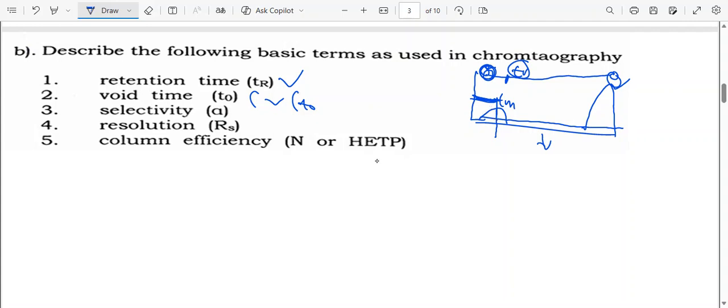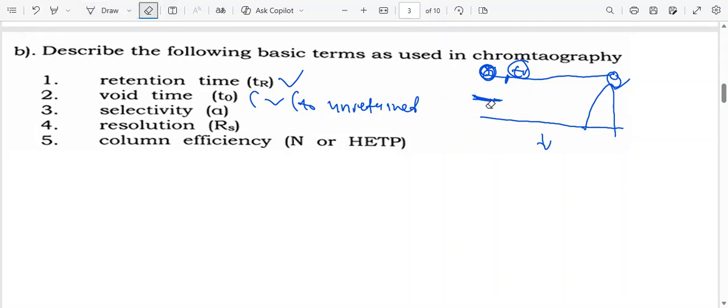So what I'm trying to say is a void time is the time taken by unretained compounds to pass through the column. That is what we call the void time.